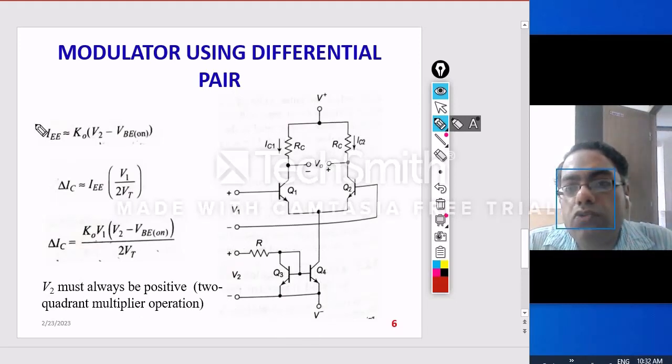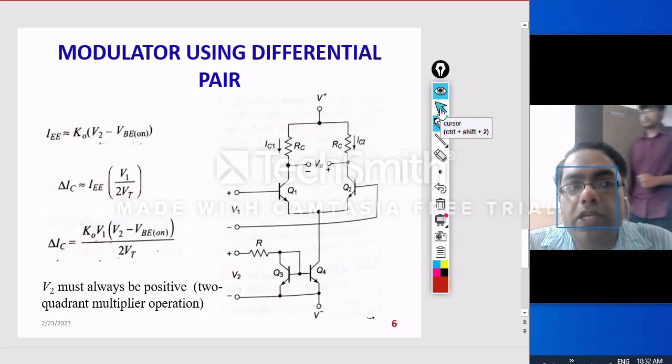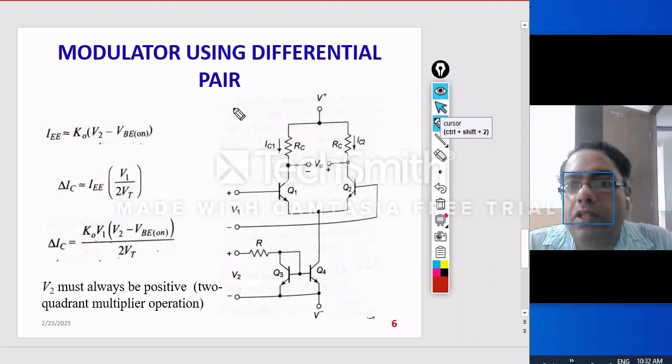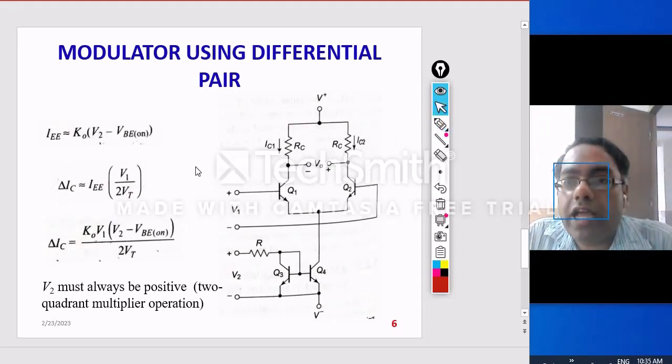So according to this circuit, IW is approximately equal to K0, which is just a constant, multiplied by V0 minus V2 minus VBE on. So it can be shown that IW is approximately equal to one constant K0 times V2 minus VBE on.